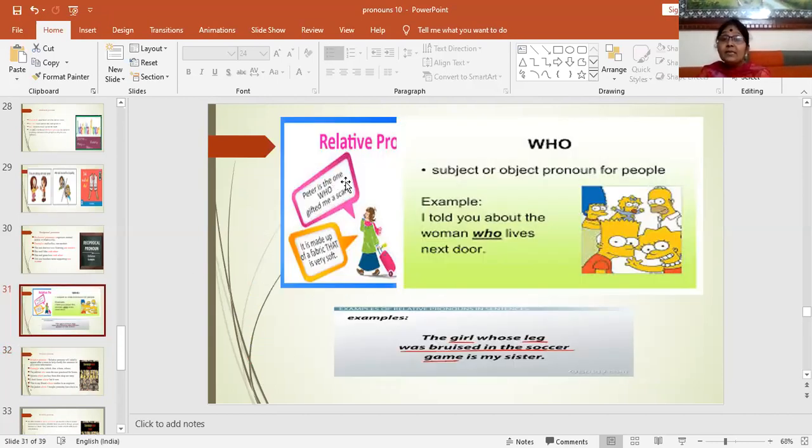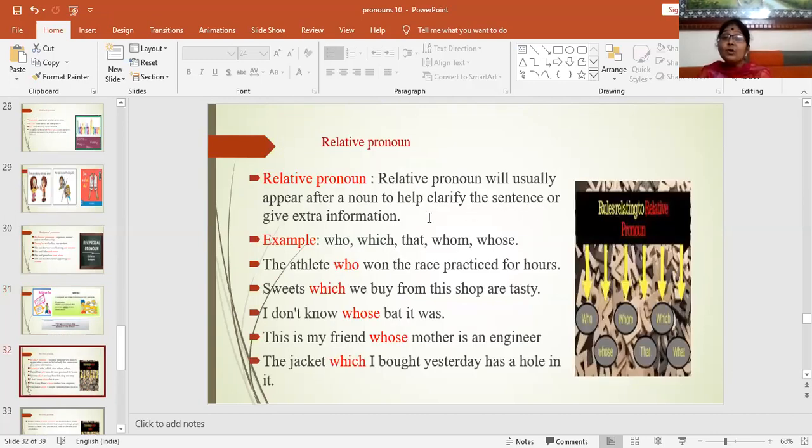See, Peter is the one who gifted me a scarf, is extra information given, right? So they give extra information. And the pronouns that we use are who, which, that, whom, whose, right? Let us understand the usage of these pronouns in sentences.